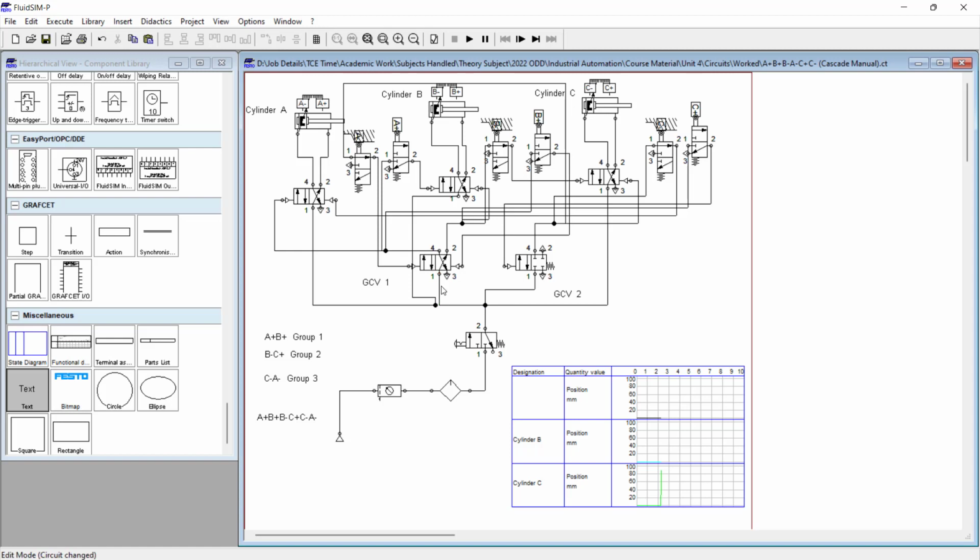This DCV receives the power source. Now we try out the simulation.